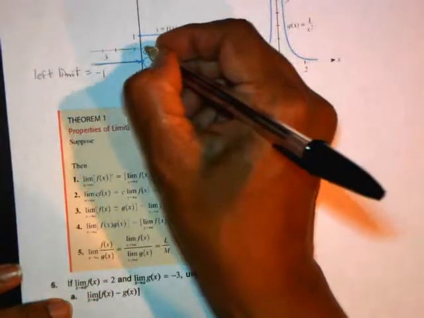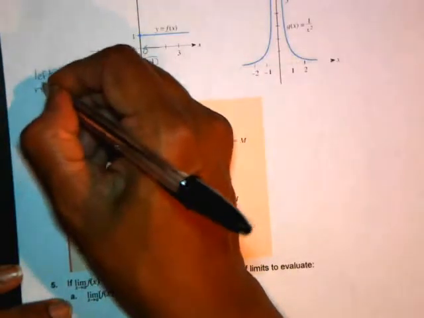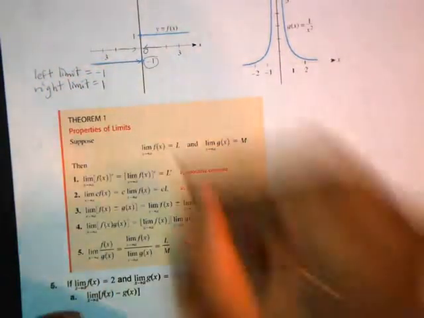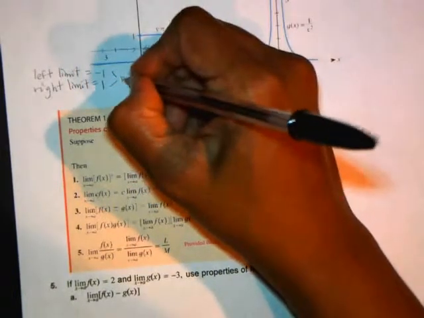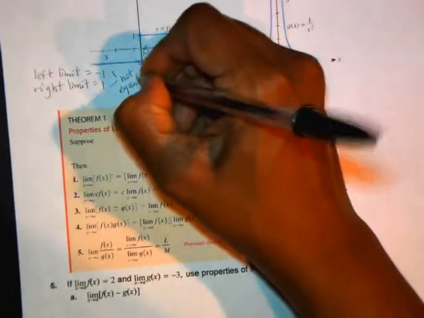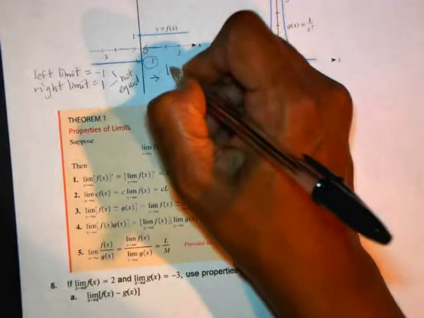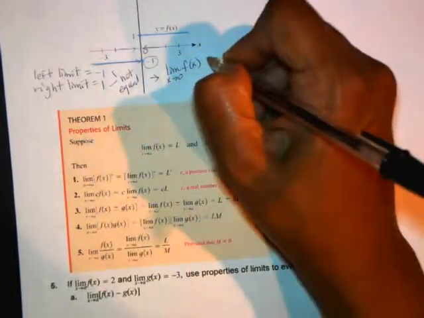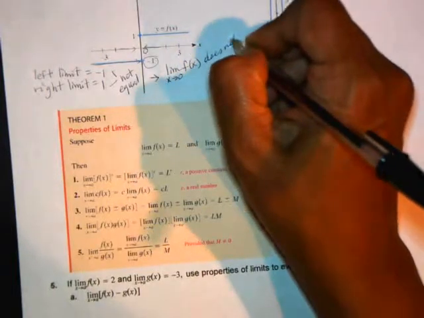When you approach 0 from the right, the graph is up here. The right limit equals 1. Now if the two limits, the left and the right, are not equal, then we say that the limit of f of x as x goes to 0 does not exist.